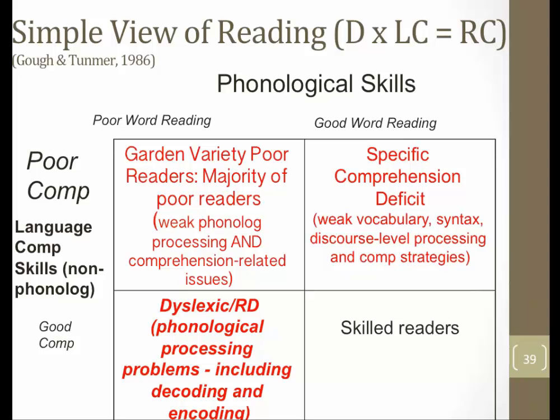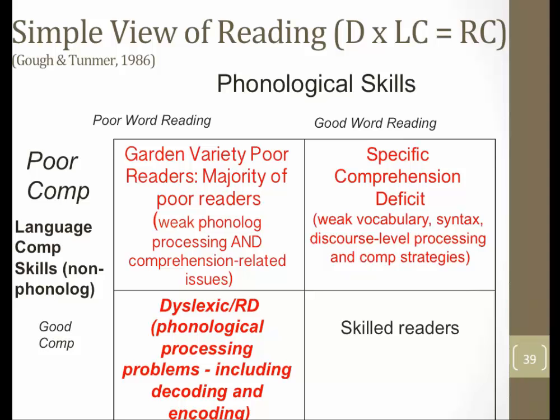So we talk about 1 times 0 equals 0. Conversely, for the dyslexic student, their decoding is poor, and often they have strengths in language comprehension. However, their reading comprehension will be impacted. So 0 times 1 would therefore be 0.